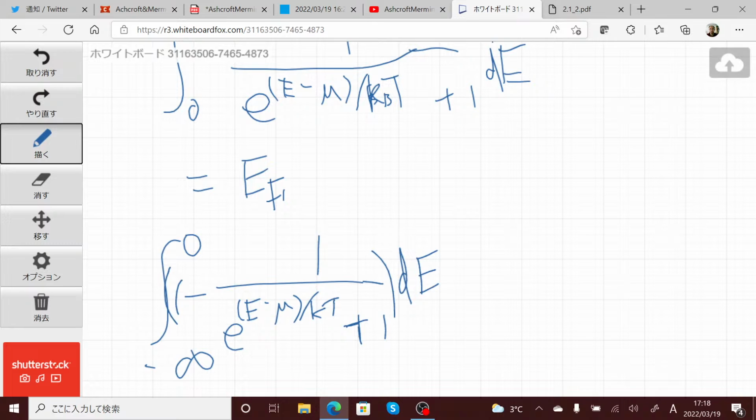Let's do this one. Then this is the same as having e minus mu divided by kt.